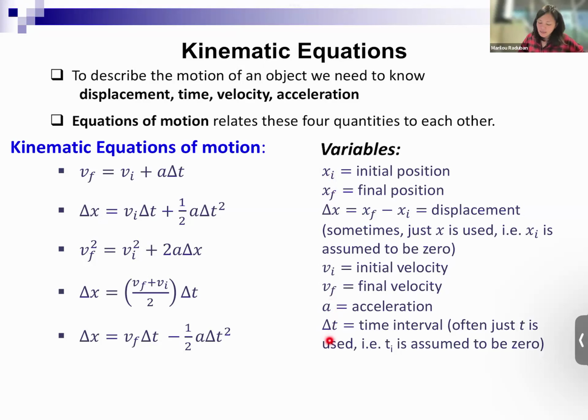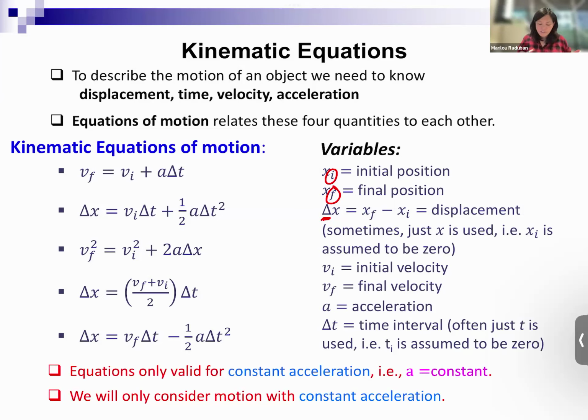So I've listed down here each of these variables. The subscript i means initial, subscript f means final, and when you have the Greek symbol delta, that means change, or final minus initial.